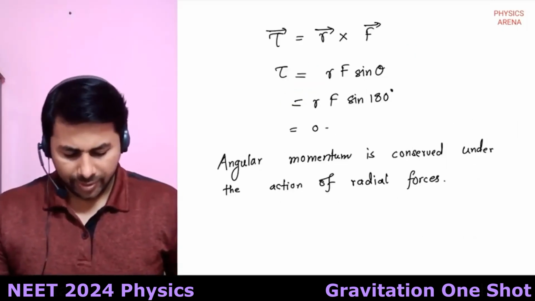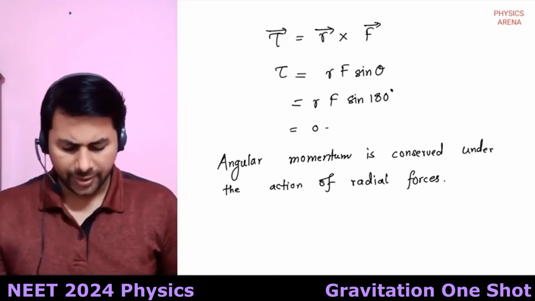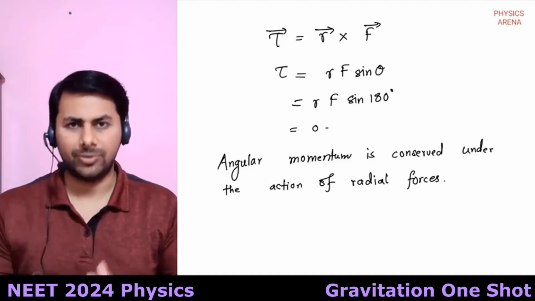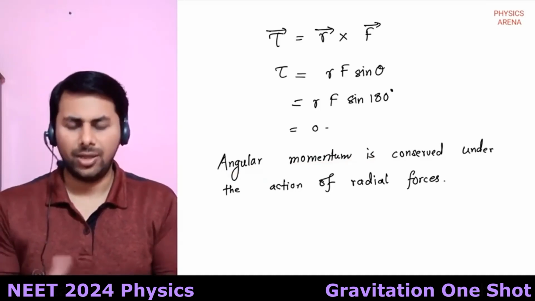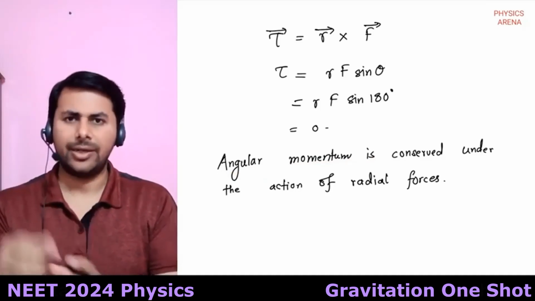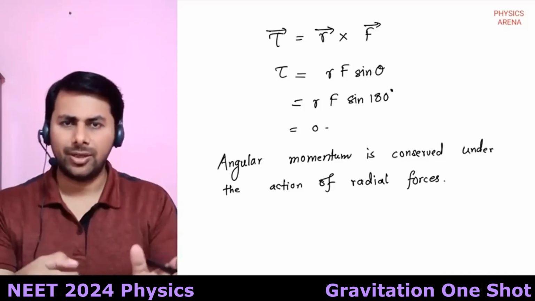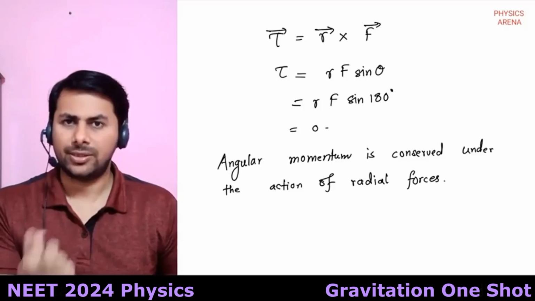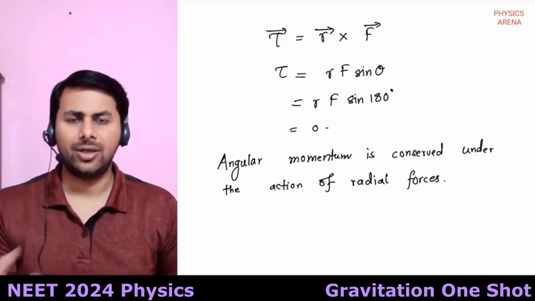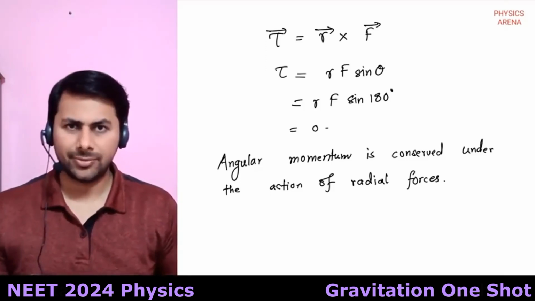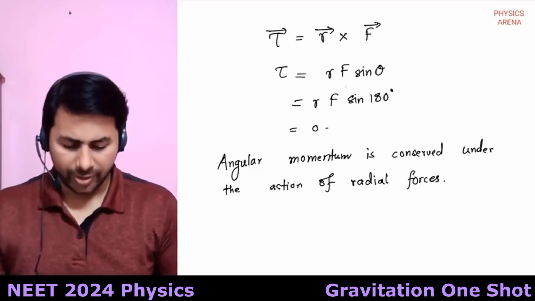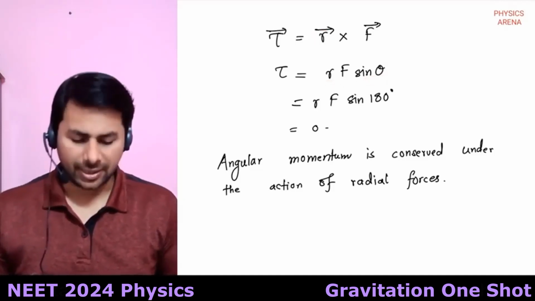All right, so not just in this case, wherever you have radial force, meaning you have one body, it exerts force on another body and the force is along the direction of the line joining the two bodies, that is radial force, then torque will be zero. Because tau is r bar cross f bar, which is r into f multiplied by sine theta.